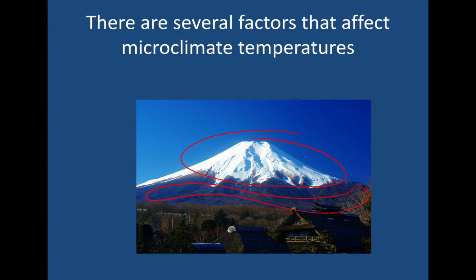So what accounts for this drop in temperature in higher altitudes? Okay? This is because as air rises, as air goes up, pressure goes down. So as pressure goes down, air expands, and this expansion will cause air molecules to move a lot more. This increased movement requires energy, and this energy is drawn in from the environment.